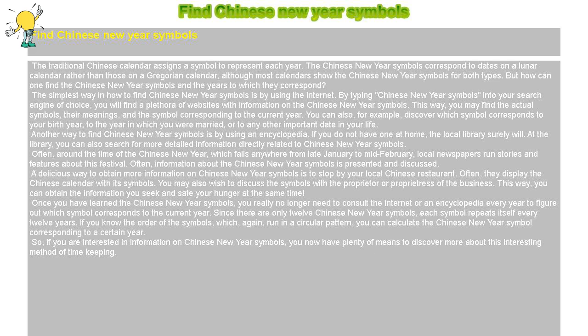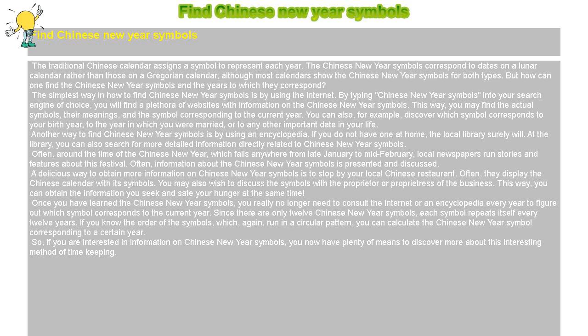Once you have learned the Chinese New Year symbols, you really no longer need to consult the Internet or an encyclopedia every year to figure out which symbol corresponds to the current year.